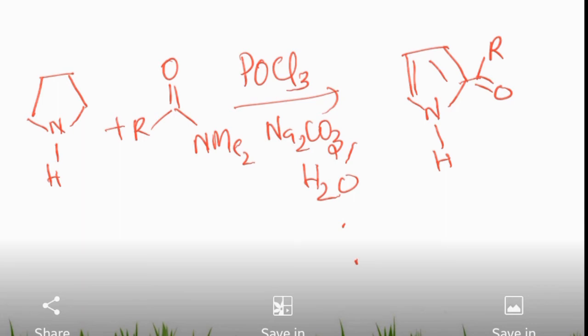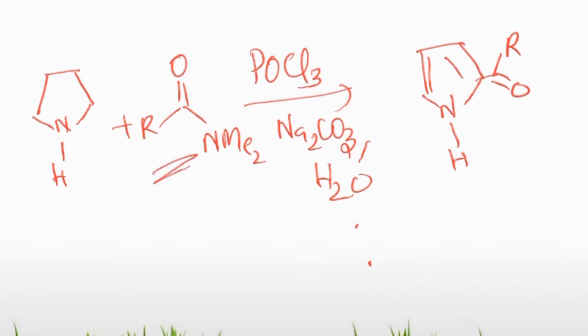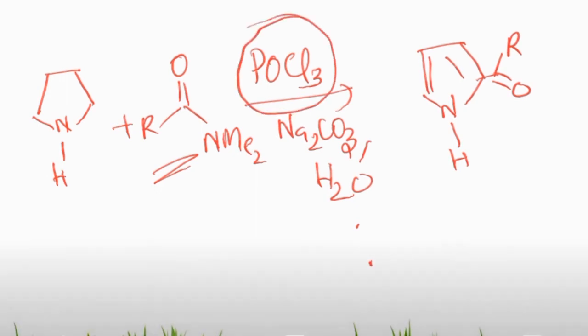So you could see that in this reaction, the N,N-dimethylamide is reacted with pyrrolidine in presence of POCl3, and it gave a product where acylation happened at the second position.